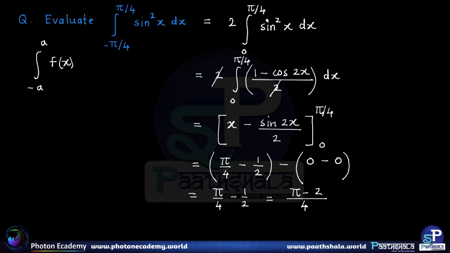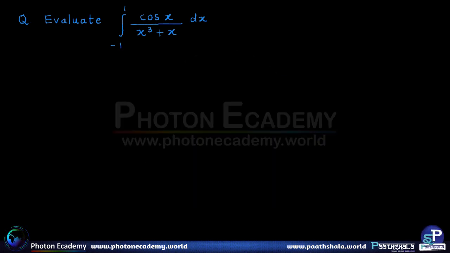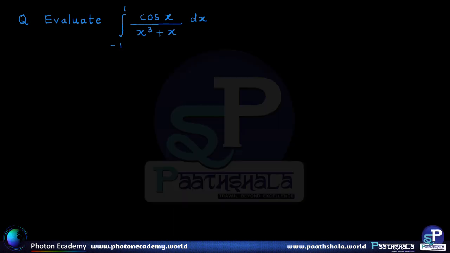Let's see one more question. Now here we have to evaluate the integral of cos x upon x cube plus x from the limits minus 1 to 1. So here once again we see the limits are of the form minus a to a. So we can bank on the property where we need to check if f of x is even or odd. Now what happens if we replace x with minus x?